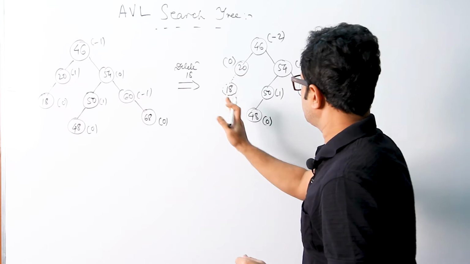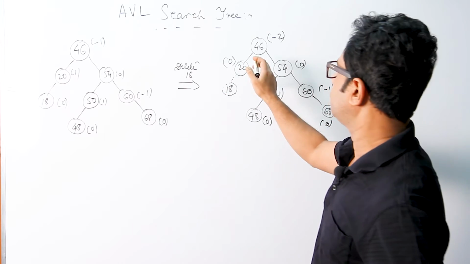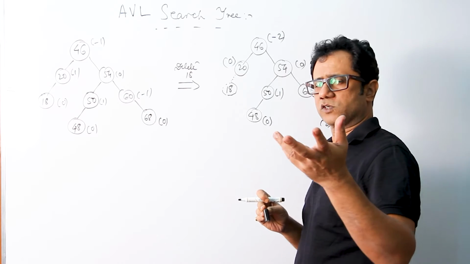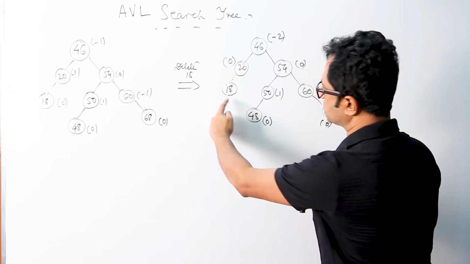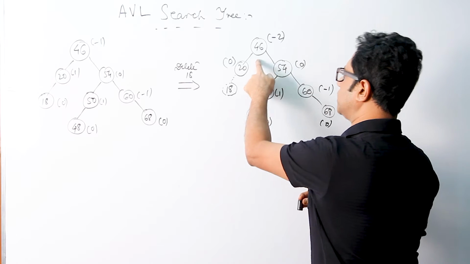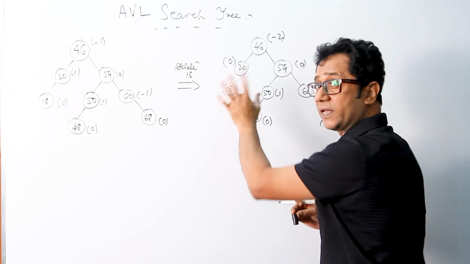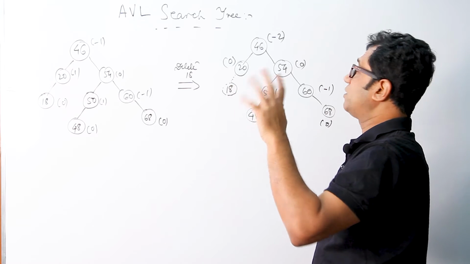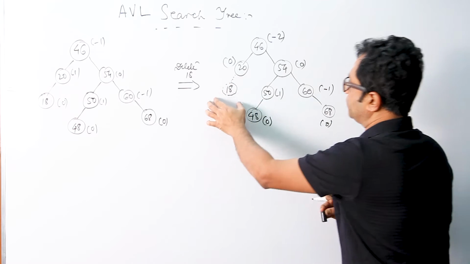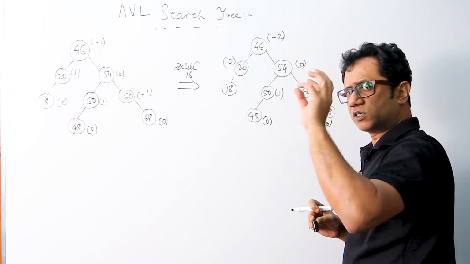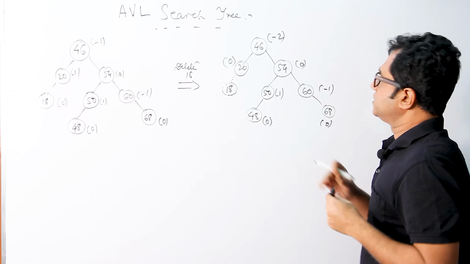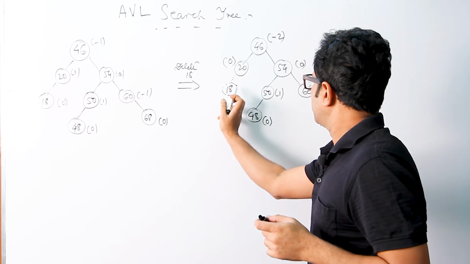Now we will start the backtracking procedure starting from this 18 and see whether we encounter any balance factor which is deviating from the permissible range of values of the balance factors for an AVL search tree. If in the backtracking journey towards the root we encounter any balance factor value which is violating the permissible range, then we will label that node as node A. We go on backtracking from this 18.